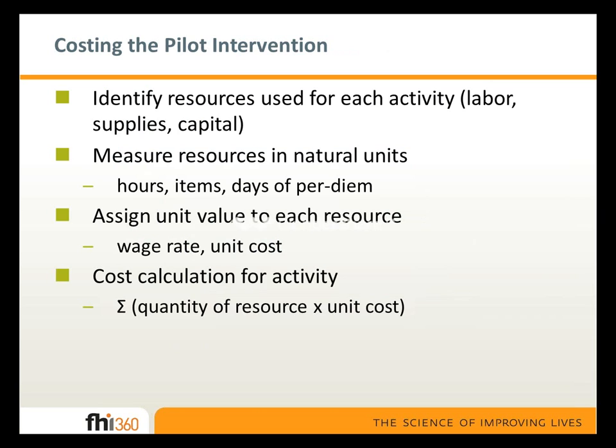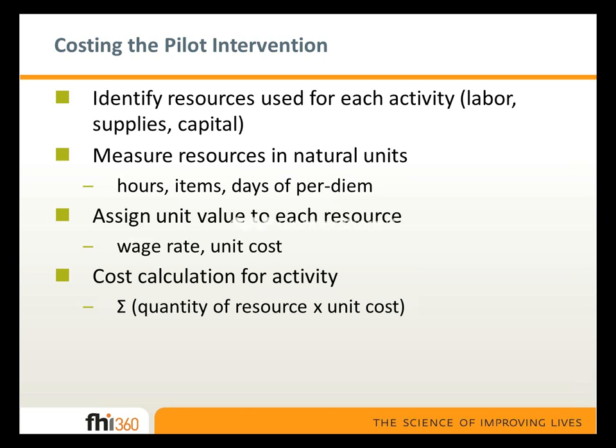When we cost out a pilot intervention, we follow a standard process, which would be familiar to any of you who've done any costing. We first identify the resources used for each activity, and these can break down into the broad categories of labor, supplies, and capital. We then measure these resources in their natural units. So for labor, we would measure the number of hours used.